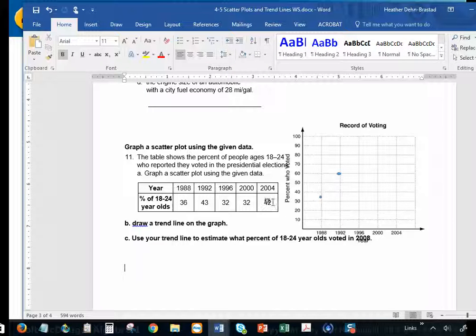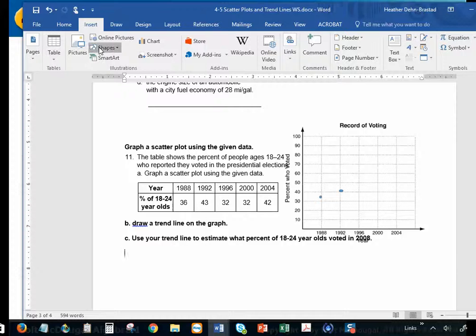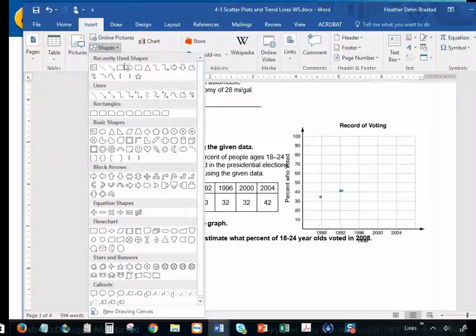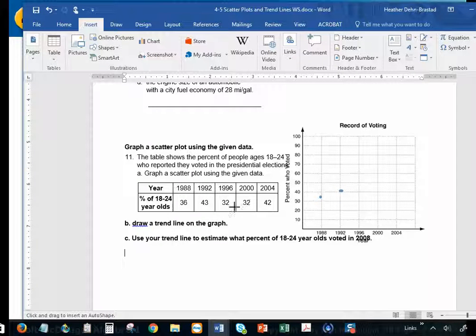That's good enough. Okay, my next point was at 1992 and 43, so this was too high. 1992 and 43 is going to be about right here. Yeah, that's close enough. It might be a little low. Insert shape. Get another one. I need one at 1996 and 32.